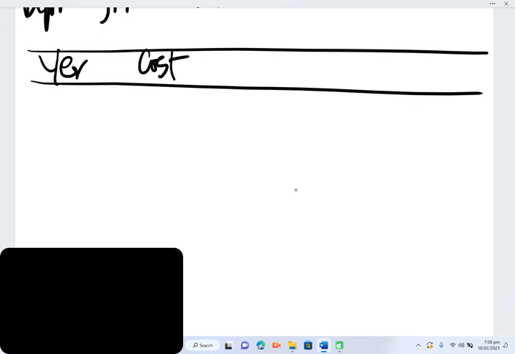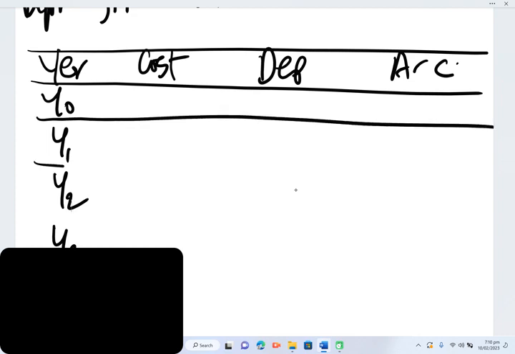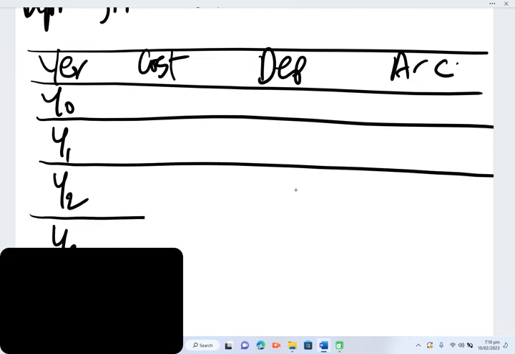Alafu depreciation. Alafu accumulated. Year not, year 1, year 2, year 3, year 4, year 5. Cost ya asset ilikuwa ni ngapi? 17.